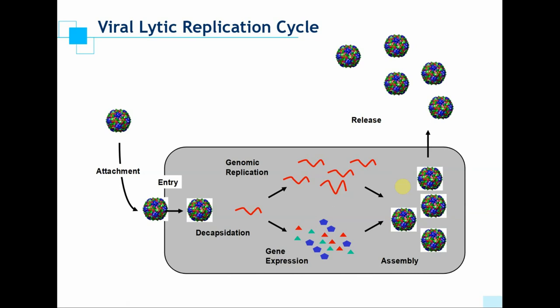And so one of the things that this means is that if you can block any one of these steps, then you can prevent the virus infection from spreading in an organism, okay? So if you block attachment or entry, this is how antibodies work, okay? They'll bind to the surface of the virus and prevent these early steps in the infection process. So blocking attachment and entry, you stop this cycle from beginning.